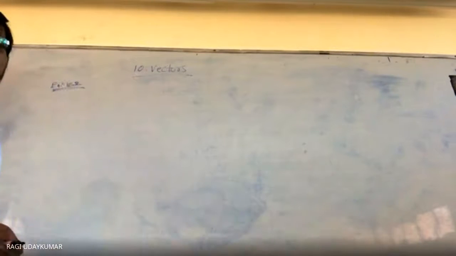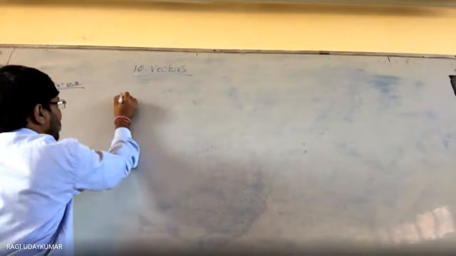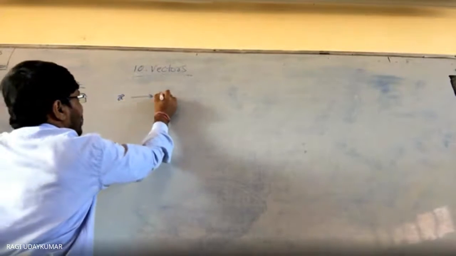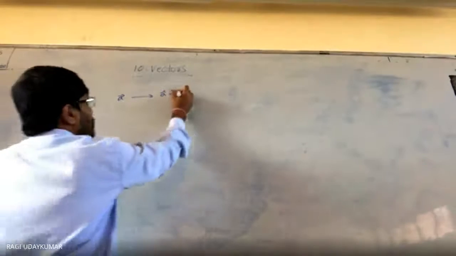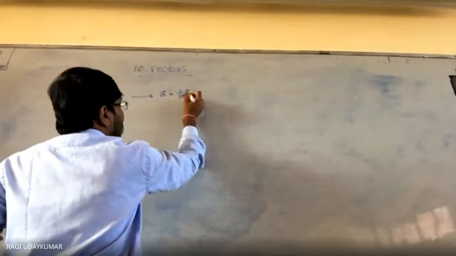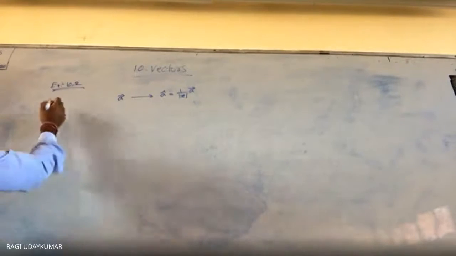First, what to do here? Any unit vector in the direction of the given vector is represented as follows. A is a vector. The unit vector in the direction of the given vector is represented by a cap, which is equal to 1 by magnitude of a into a bar. So here, what is given to you? Question number 7.